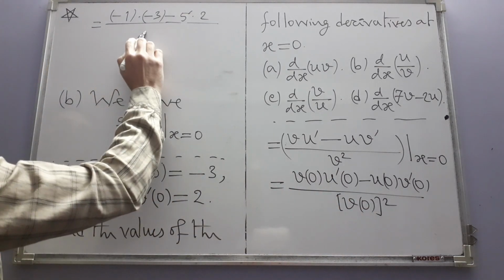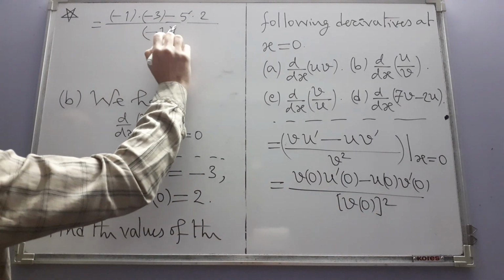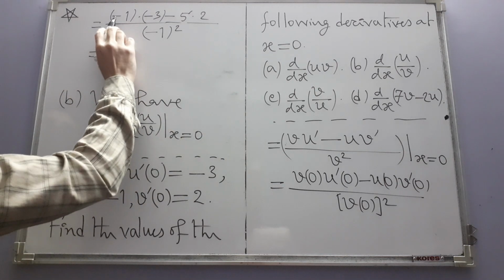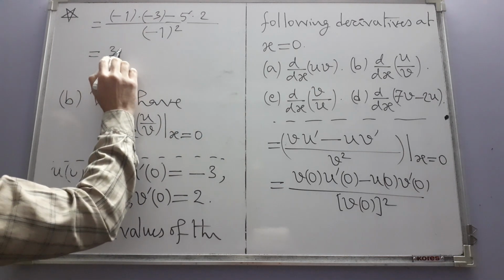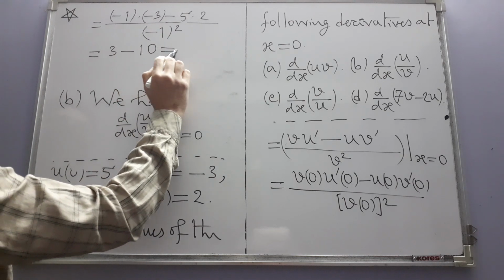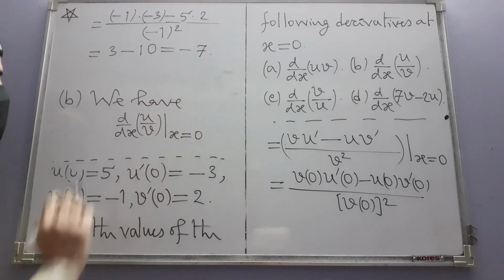So this is minus 1 squared. So the denominator anyway is going to just simply vanish. So this means 3 minus 10. So minus 7.